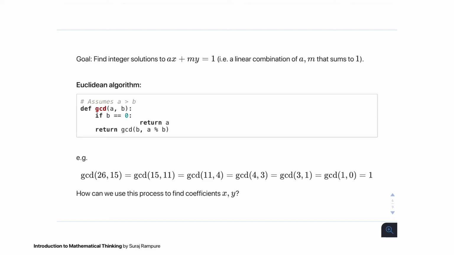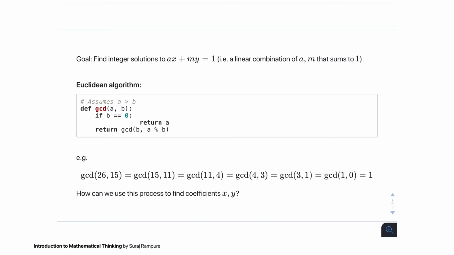The reason I chose 26 and 15 as opposed to something like 26 and 12 is because when we're finding the inverse, the GCD of the two numbers will always be what? 1, right? Because for the inverse to exist, the GCD has to be 1. So it doesn't really make sense to look at an example where the GCD is not 1.